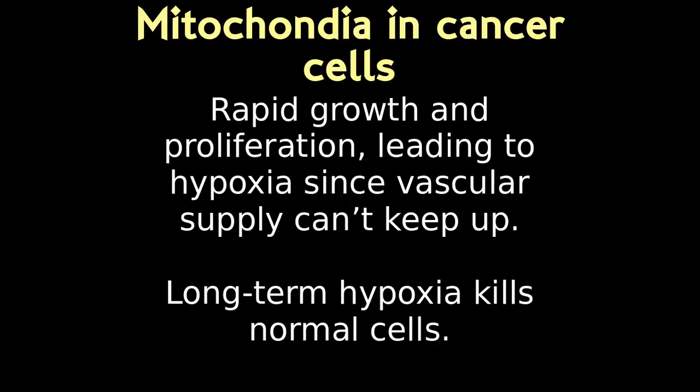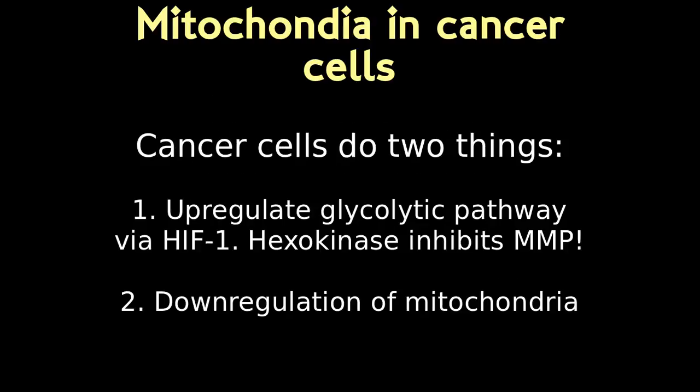Now, normally cells that undergo long-term hypoxia are going to die, but that doesn't happen in cancer cells. And this happens because of two different things. Number one, they upregulate their glycolytic pathways. If you remember, glycolysis by itself doesn't need oxygen to form ATP if you're not running the Krebs cycle and electron transport chain.